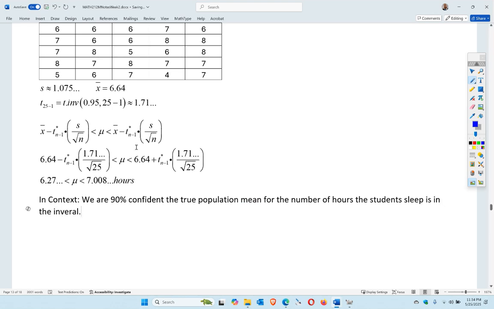So the true population, what actually is, is in there somewhere. Our mean is 6.64, but we don't know if that matches the population or not. We think it's in there. So basically 10% of the time it's not going to be in there.